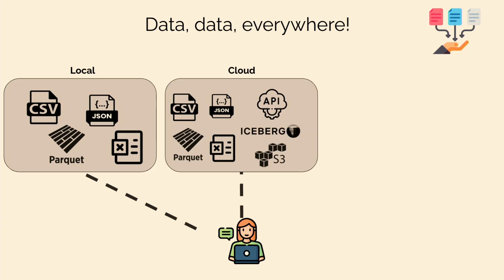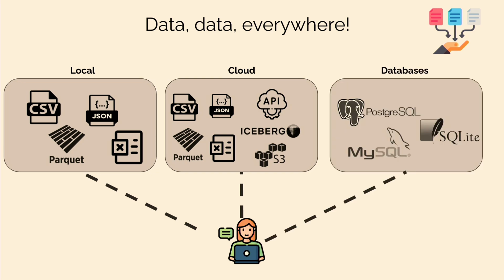Sometimes I need to deal with data that's in the cloud, maybe it's presented through an API, maybe it's on top of an object store, maybe it's in an open table format. And sometimes I need to deal with data that's hosted in another external RDBMS, such as Postgres or MySQL. One of the things I really appreciate about DuckDB is it allows you to interconnect to all of these systems and deal with data no matter where it's resident.